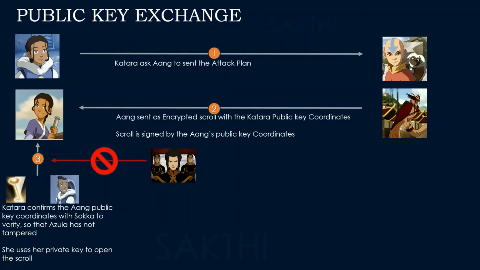To authenticate, Katara now goes to Sokka, who is a close ally of Aang, to confirm Aang's public key. Now Sokka confirms Aang's public key, so Katara is able to authenticate the scroll. It came from Aang and it is not tampered with by any enemies or Azula.